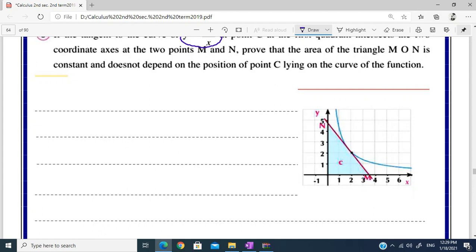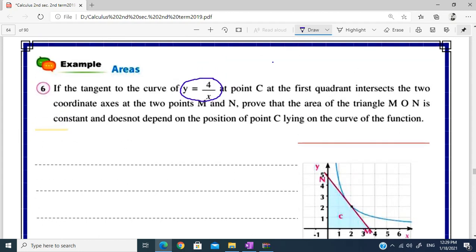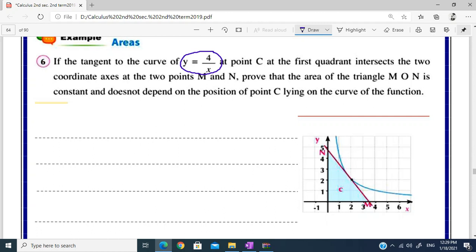So we have 2 points M and N, and the equation of the curve y equals 4 over x.